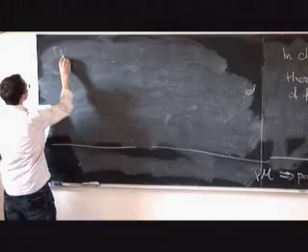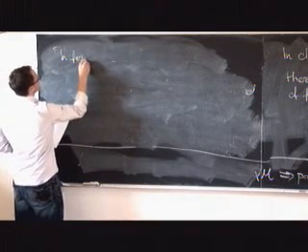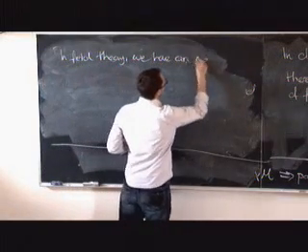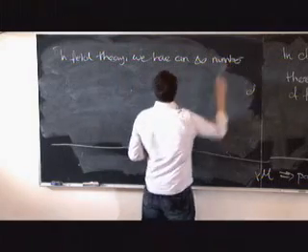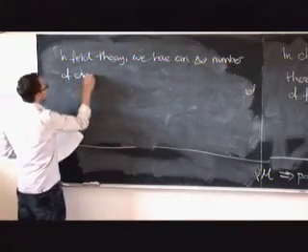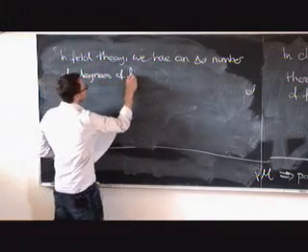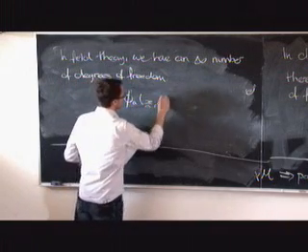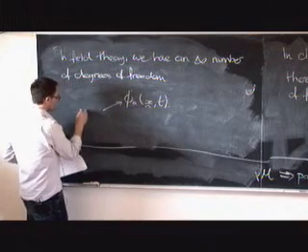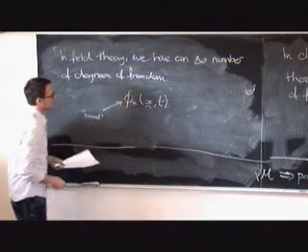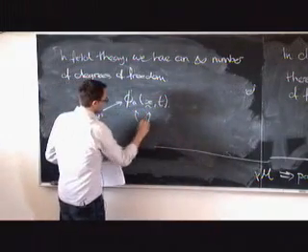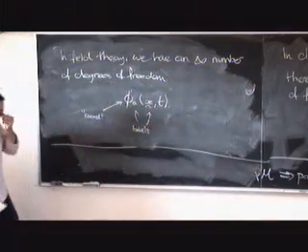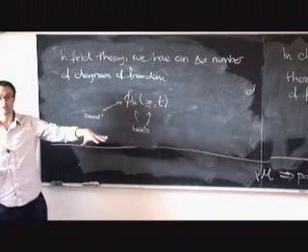So in field theory, we have an infinite number of degrees of freedom. Okay, so we have a field which is a function of space and time.